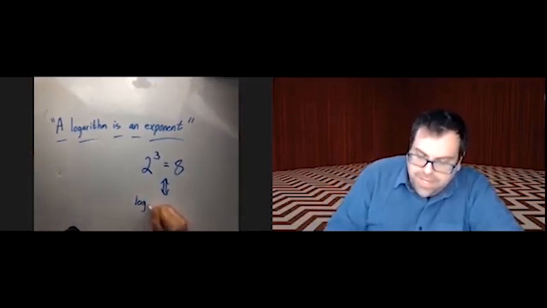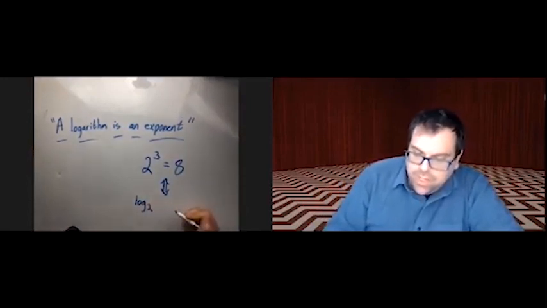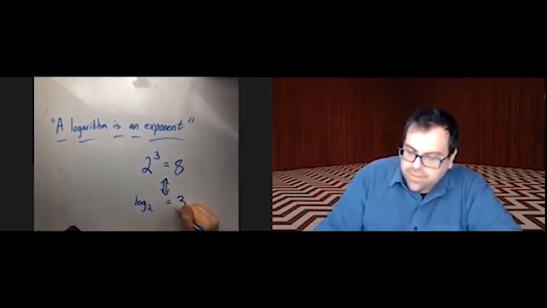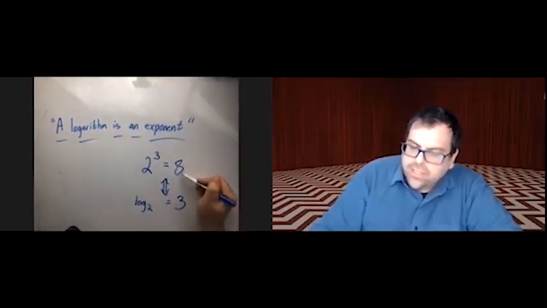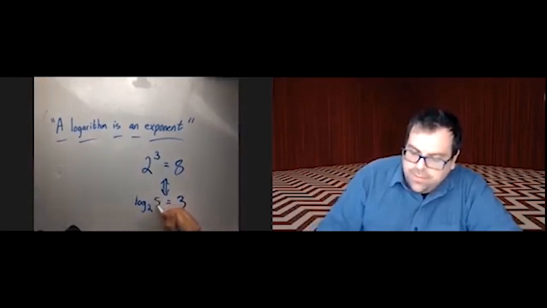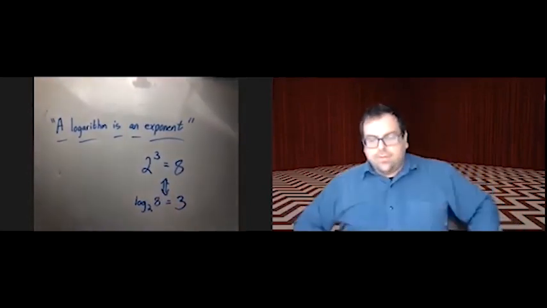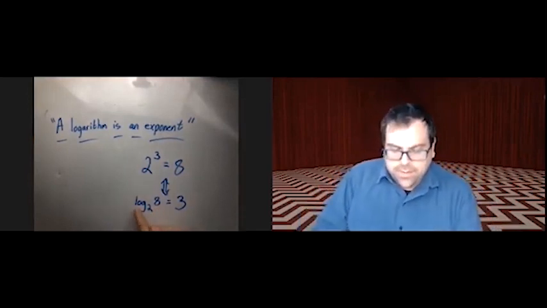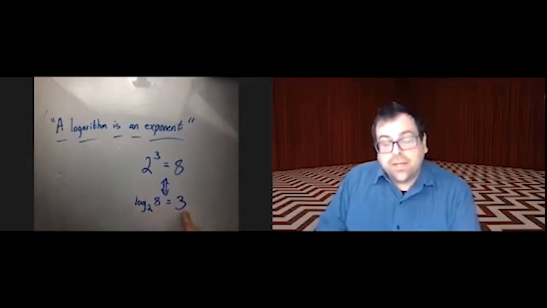Log base 2, a logarithm is an exponent, and the argument of 8, the number that was left over that wasn't the base or the exponent, becomes the argument here. So the base 2 logarithm of 8 would be 3.